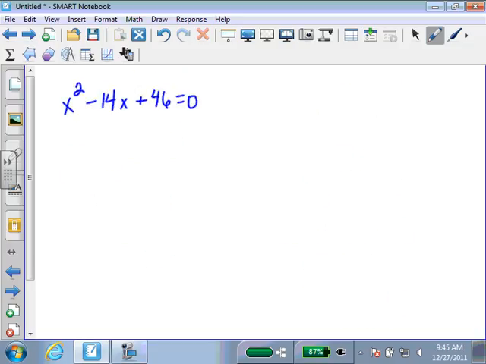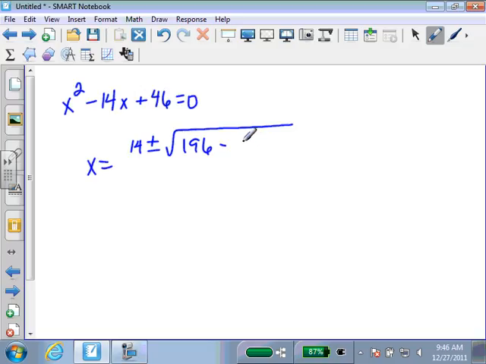Okay, going on. This is an equation that even if I tried to factor it, I couldn't. So I'm going to need quadratic formula. x equals opposite b plus or minus square root b squared minus 4 times a times c.